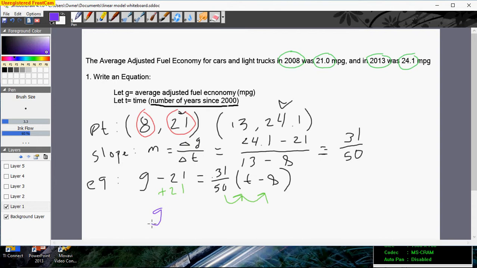We're going to have g is equal to 31 over 50, t plus, and this is important because we're going to get another scenario where we can either get a fraction or a decimal. And again, because you don't want to start confusing things, it's better to leave it in fraction form. You're going to get 401 over 25. And that's the right way to write that equation.